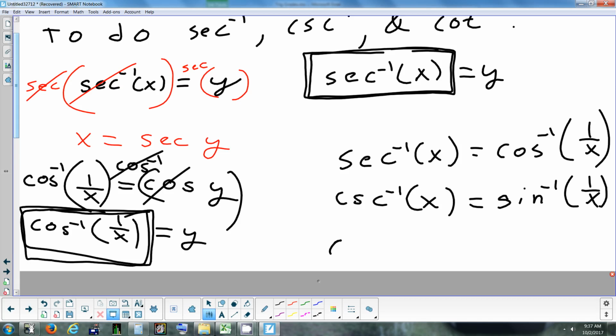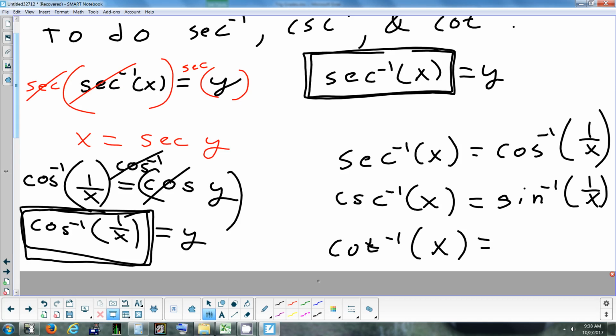And let's finish up with inverse cotangent. Matt, how do you think you would type that in? Because we don't have a button for inverse cotangent on the calculator.